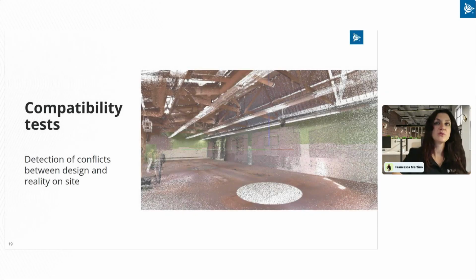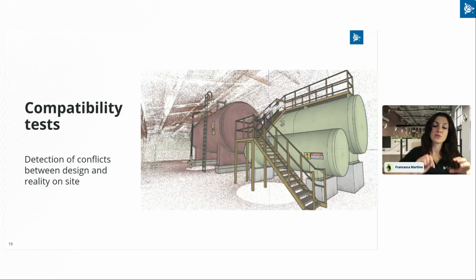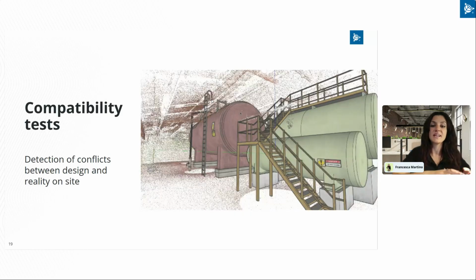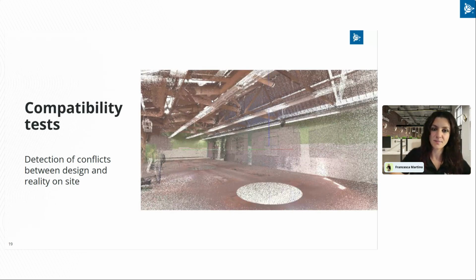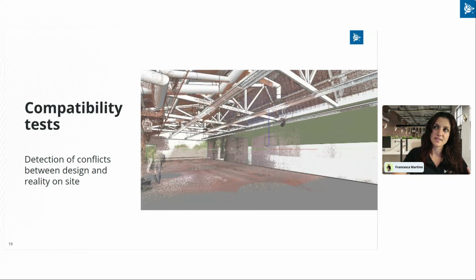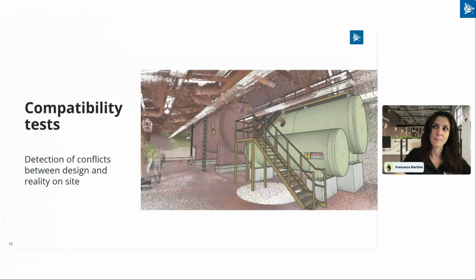And of course, we can use point clouds even for compatibility tests, to see whether our design and our integrated addition to the model are going to fit compared to the existing. So using Scan Essentials can actually help in reducing and preventing errors.